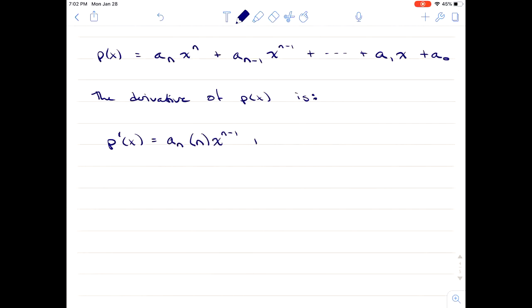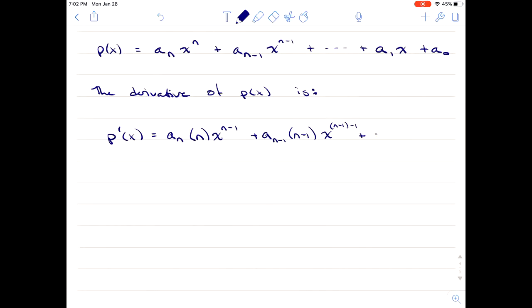Okay. So again, we still have this coefficient a n minus 1 times n minus 1, because that got bumped down, times x to the n minus 1 minus 1. Plus a subscript 1. Here it helps to remember that x is actually x to the power of 1.